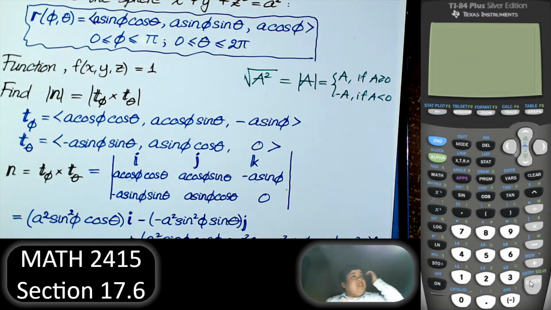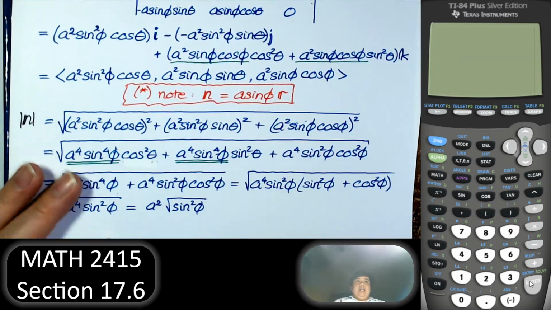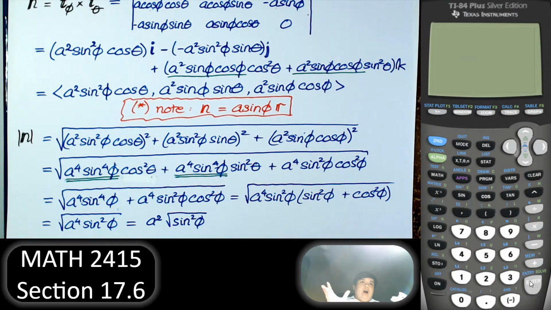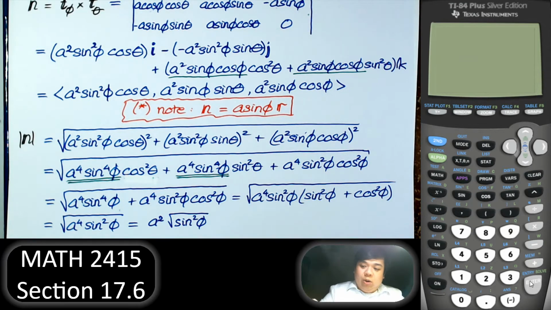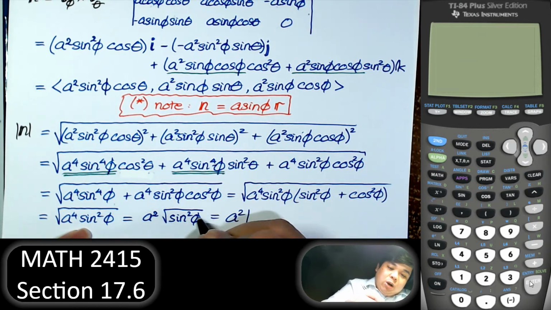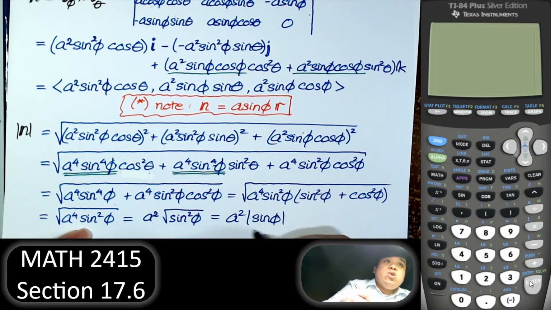In this case, phi is between 0 to pi, and the sine in the first and second quadrant is positive. So even though the square and square root cancel out, this one is positive.